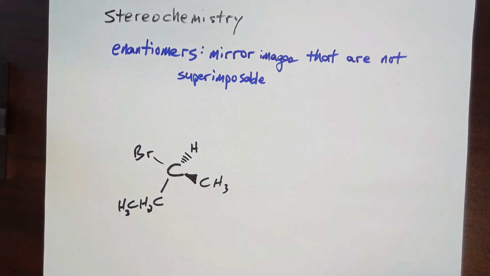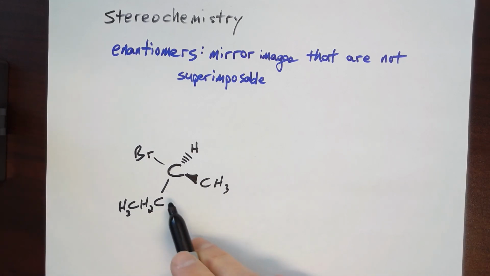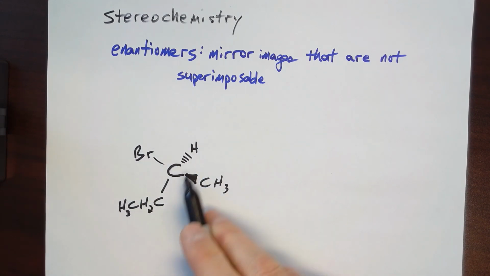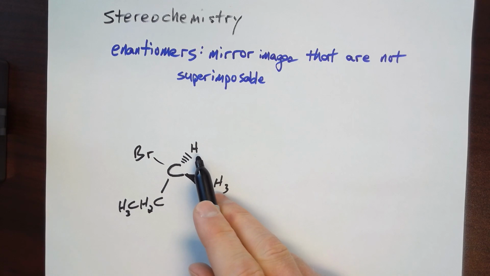So the way that we assign whether or not this is a so-called right-handed or a left-handed stereoisomer is with the Cahn-Ingold-Prelog rules. So we look at the ranking of all four substituents and we put the lowest priority one in the back. Typically that's going to be a hydrogen, but not always.